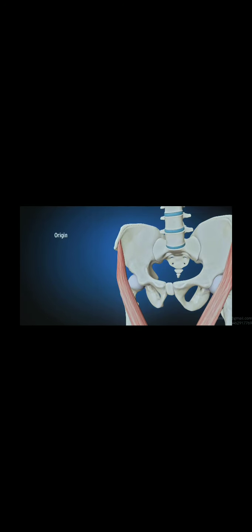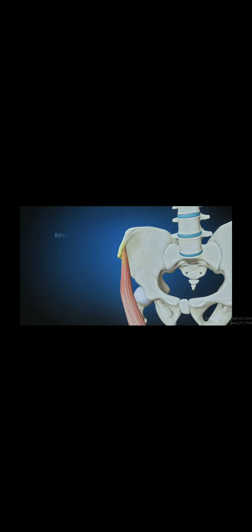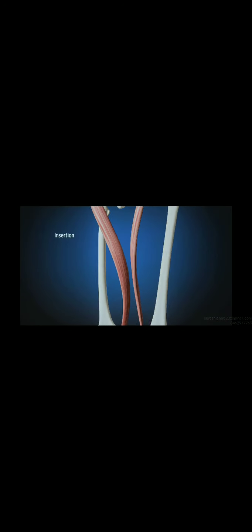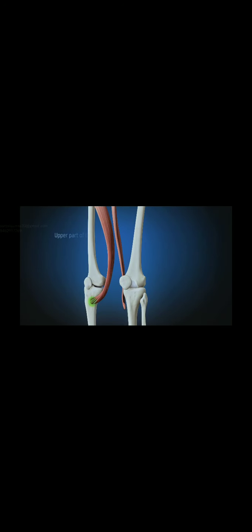Sartorius. Origin: from the anterior superior iliac spine. Insertion into the upper part of the subcutaneous medial surface of shaft of tibia. It resembles an upright hockey stick with the concavity facing below.